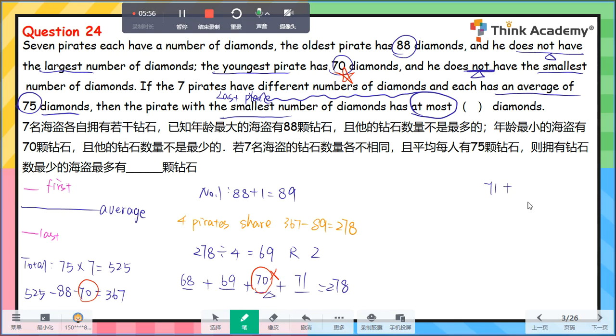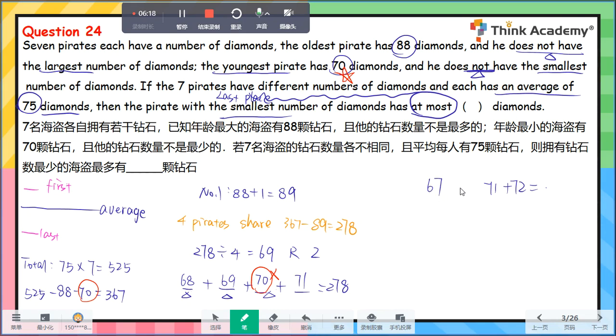For this pirate to have 72, we need to take away some diamonds from the first two pirates. The best strategy is for everybody to give one, because in this case we take away fewer from the last place.